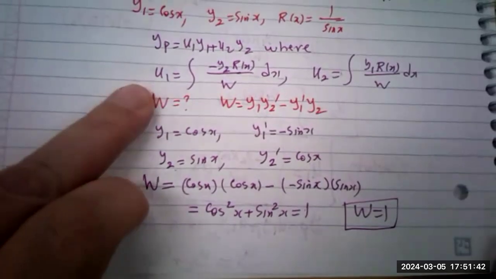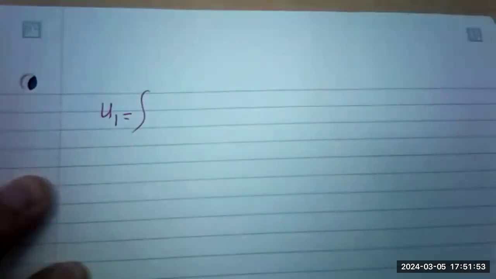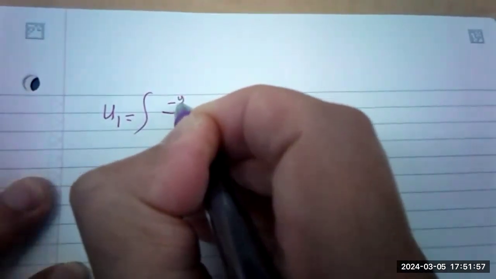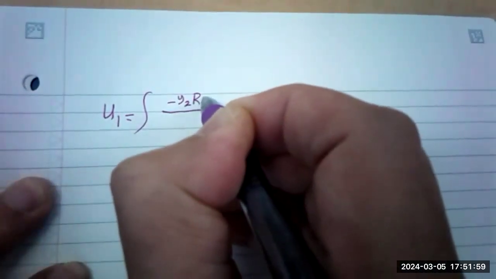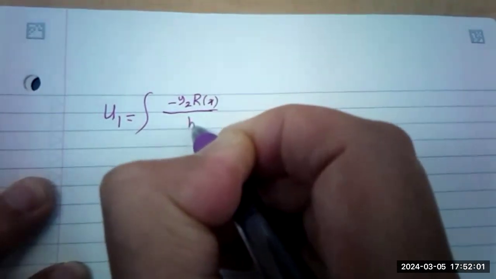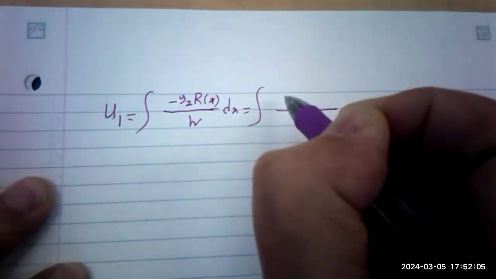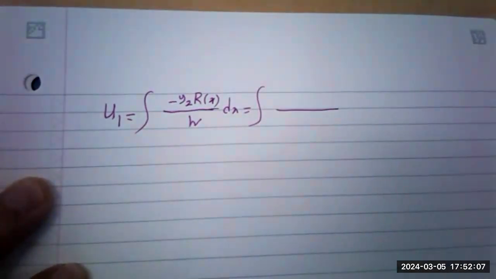Okay, now we are ready to get the U1. This is where you have to be careful. The U1 is the integral of negative Y2 R of X divided by the Wronskian. Substitute negative Y2. What is the Y2?